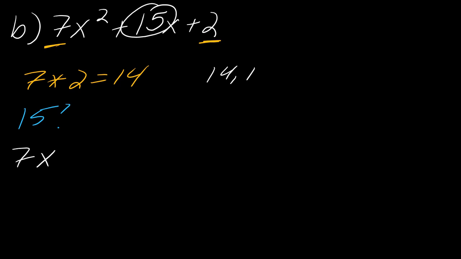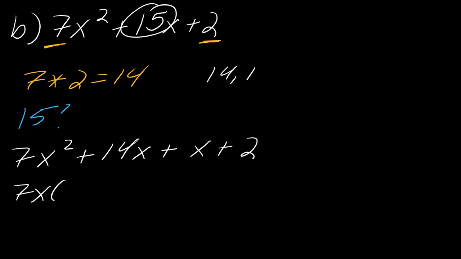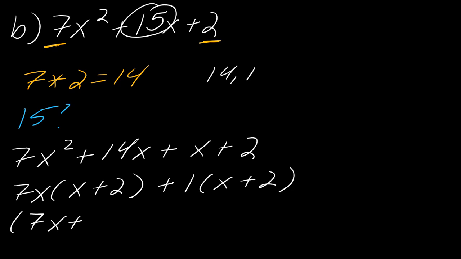So this is going to become 7x squared plus 14x plus x plus 2. Now I can factor out the 7x so that this becomes x plus 2. And then I'm going to put a 1 here so that this is x plus 2. So this will factor as 7x plus 1 times x plus 2. So that's using the AC method.